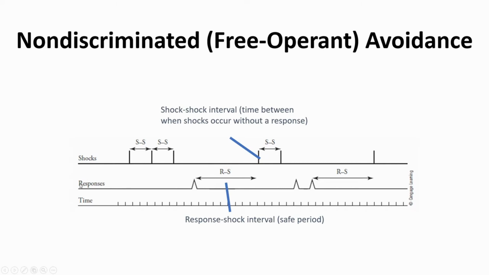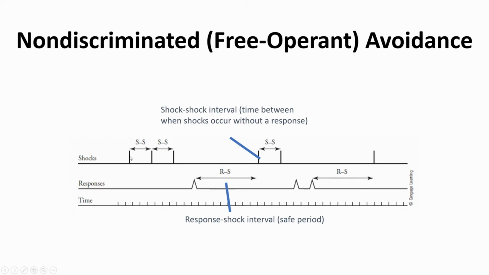So this says that if you make some kind of operant response, say you push a button or pull a lever or whatever the experiment deems necessary for you to do, then you create a period of safety. So this response shock interval is basically telling us how much time you then don't receive a shock for.